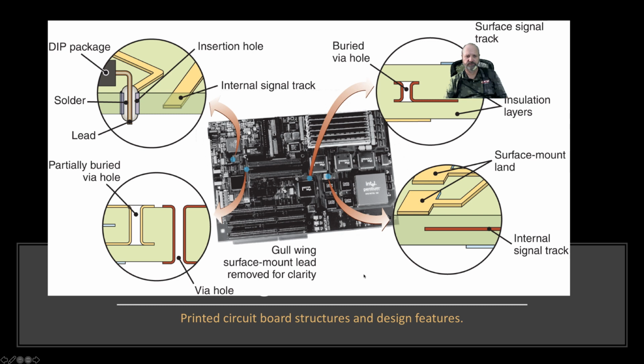Even on the same circuit board, you'll have different sorts of packaging and connections depending on what you're trying to do. This is a relatively old circuit board. It shows an Intel Pentium chip. I think a Pentium was probably 30 years ago. Now if you look at the main CPU boards, they look a lot different.